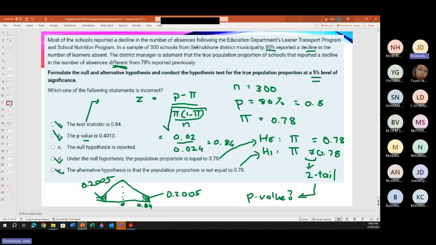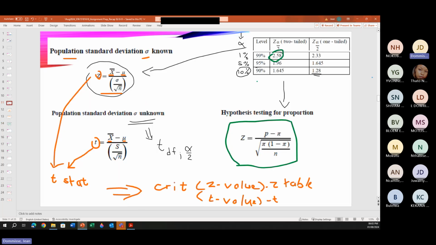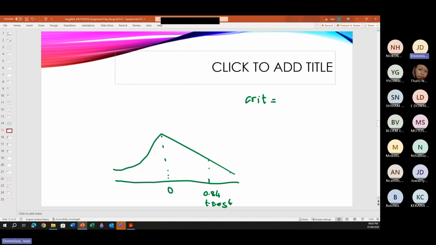Okay, so let's see, 5% level will be 95. Are we working with a one or two tail? We're working with a two tail. So my critical value will be 1.96. So my critical value is here, 1.96.